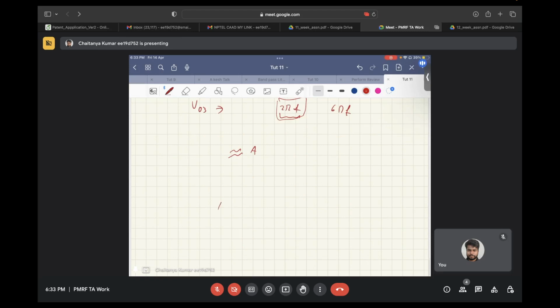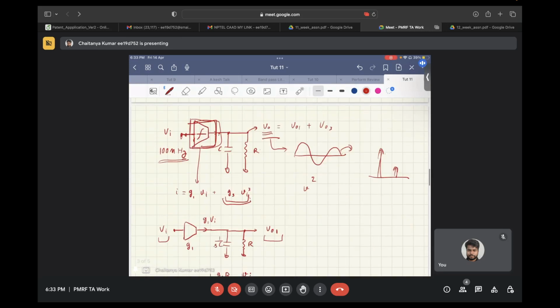You make this nonlinear circuit, and you make the nonlinearity using behavioral controlled sources, and give a transient of 100 megahertz to this. Then calculate through transient analysis, check the output waveform, and do the Fourier transform of this output waveform.